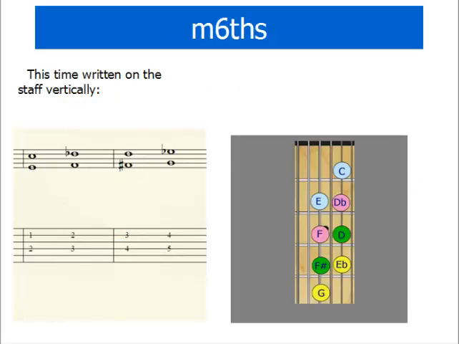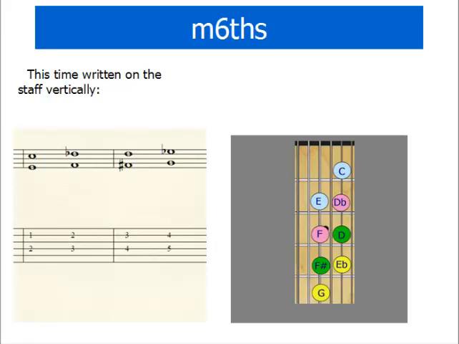So, this time I wrote them out vertically. That means you play them at the same time, E and C, but you can play them one at a time. We're not being strict about that here at this point. That'll be when we talk about rhythm. Okay, but first, try these together.